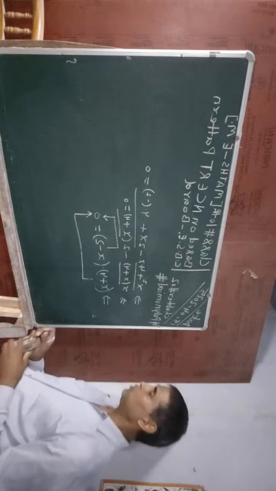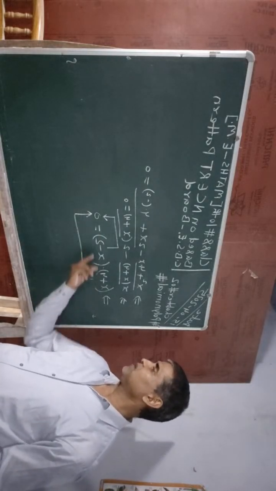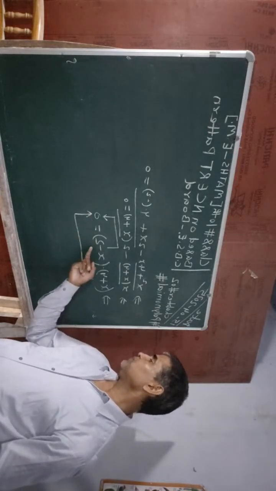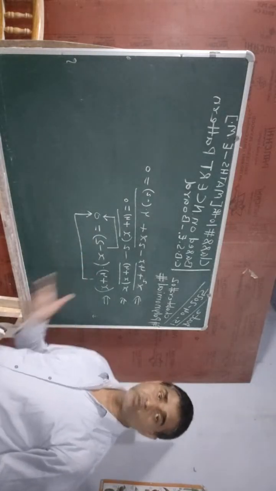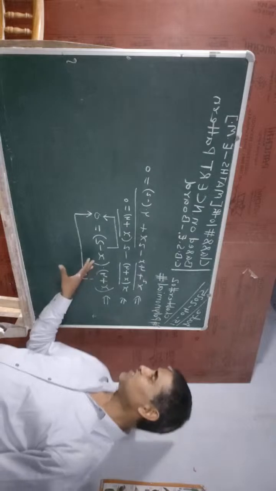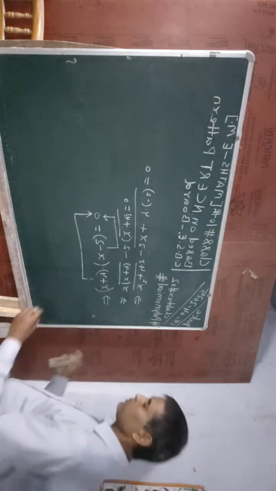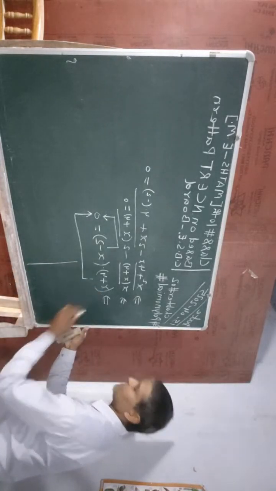Both can be 0. If this term will be 0, the multiplication of this term and this term will be 0. Okay, students, these are the information and each and every student has to know it. One by one I am going to write it, and after writing it I will get its zero place.